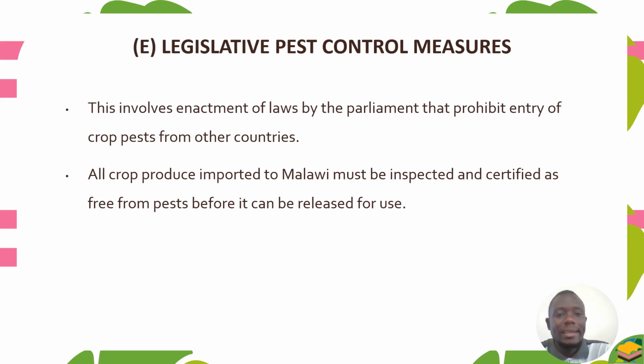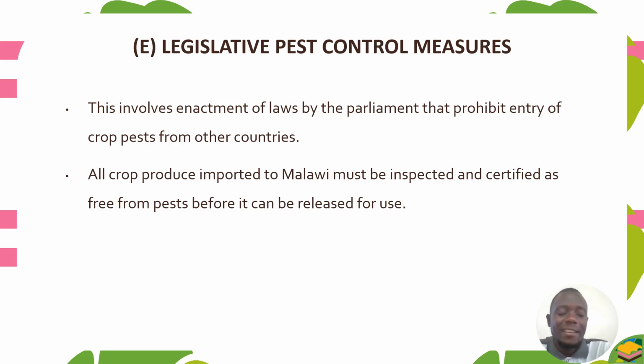Then let's go to legislative pest control measures. Legislative pest control measures involve applying laws by the parliament that prohibit entry of crop pests from other countries.